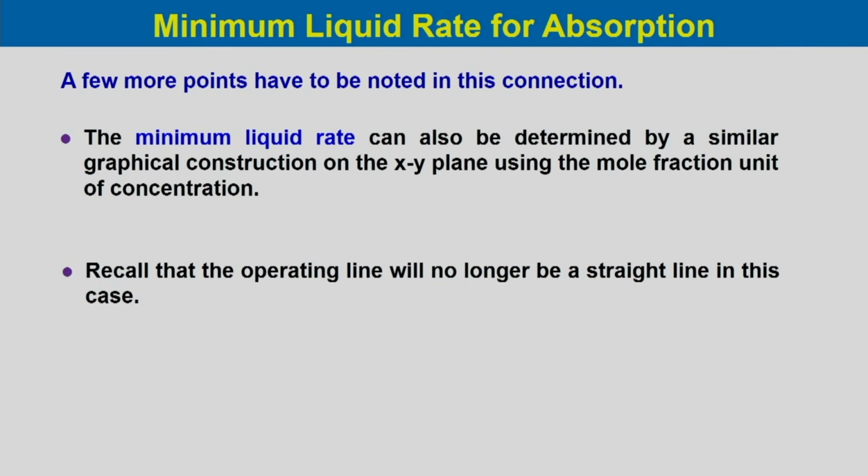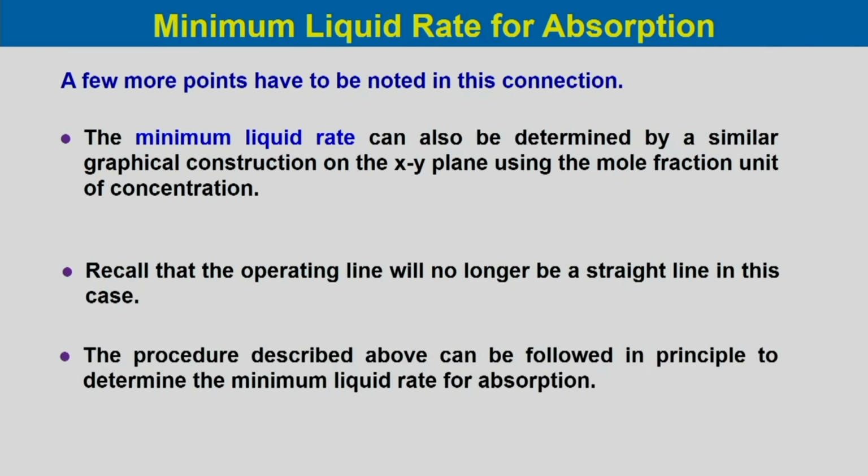Recall that the operating line will no longer be a straight line in this case. If the operating line is not straight, the procedure described above can be followed in principle to determine the minimum liquid rate for absorption.